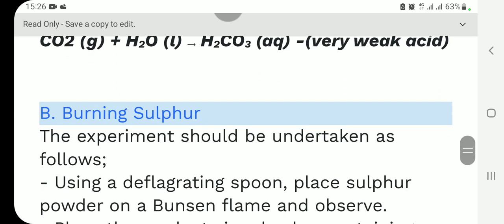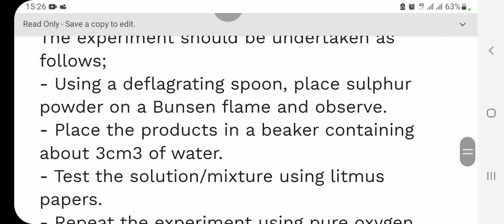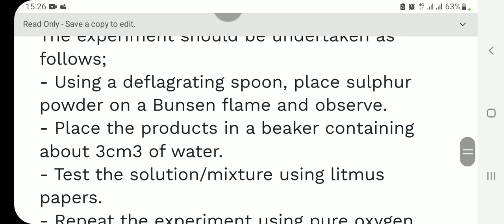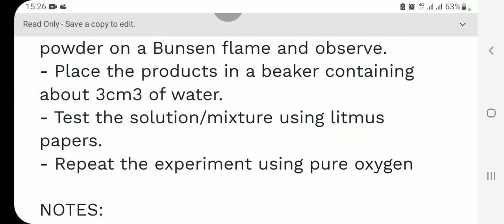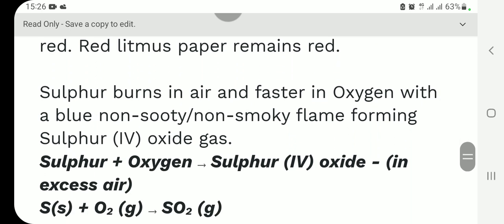Now we go to sulfur. Sulfur is a non-metal. You take it in a deflagrating spoon and place sulfur powder on a Bunsen burner flame and observe the color change. We are going to use pure oxygen.